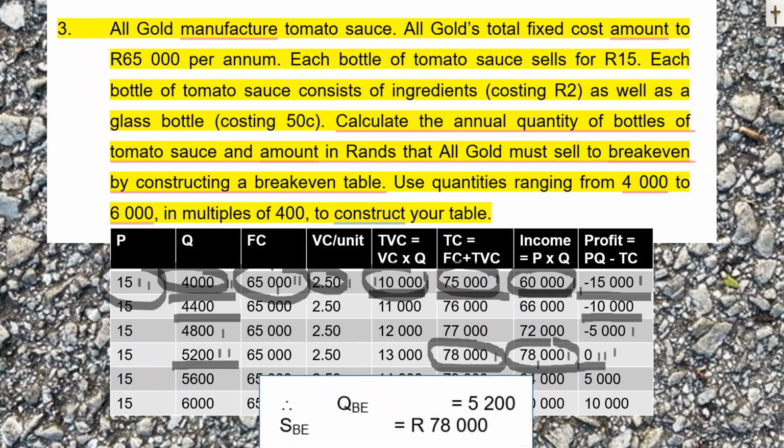So the break-even quantity is 5,200 units, and the break-even sales amount is equal to 78,000. So that is the first question or calculation on break-even, drawing up a table to determine the break-even quantity and the break-even sales amount.